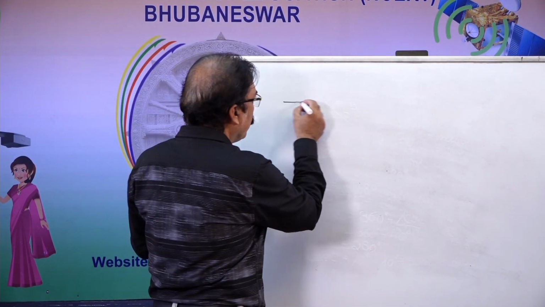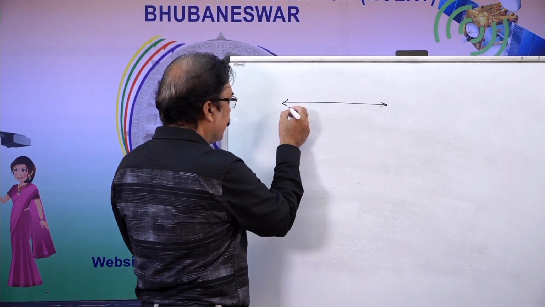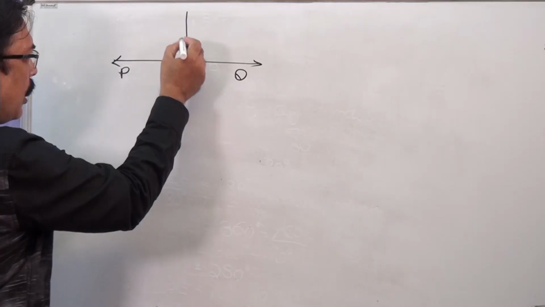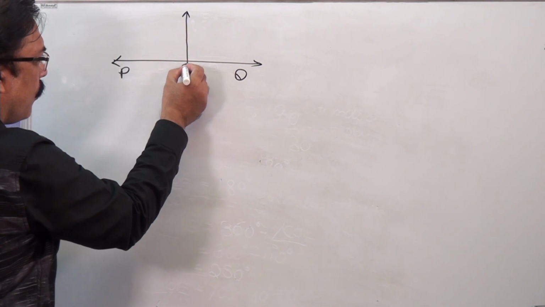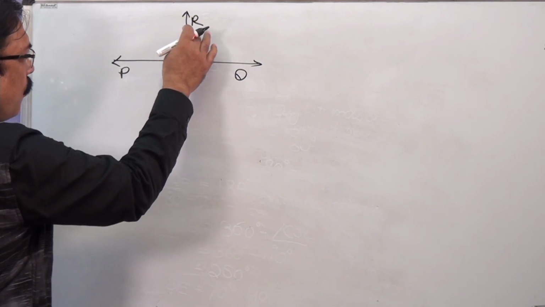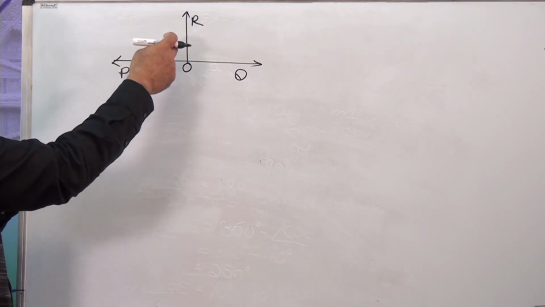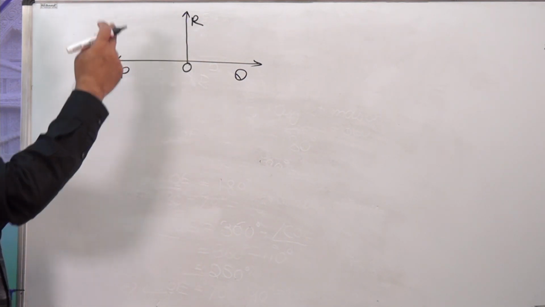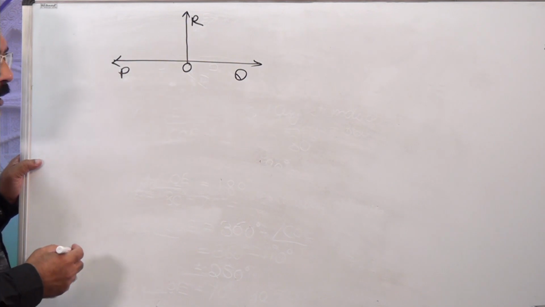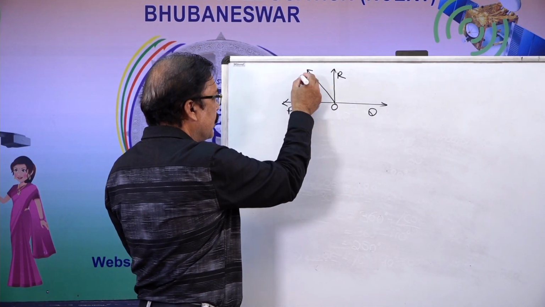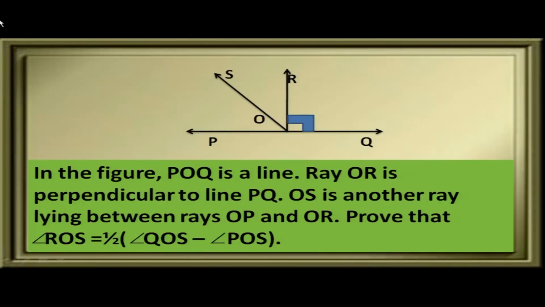So, PQ is a line, angle ROQ is formed by the ray standing on it, that is OR, and OS is another ray.